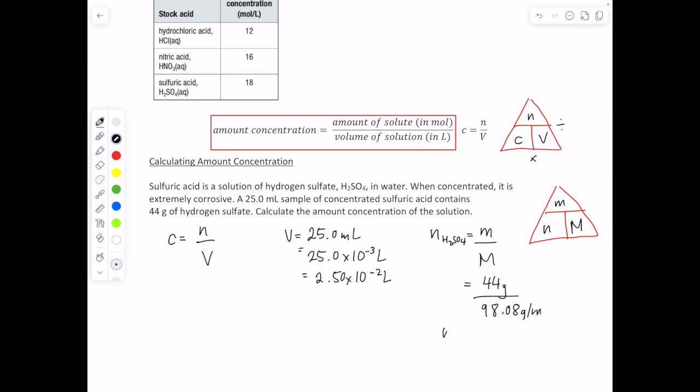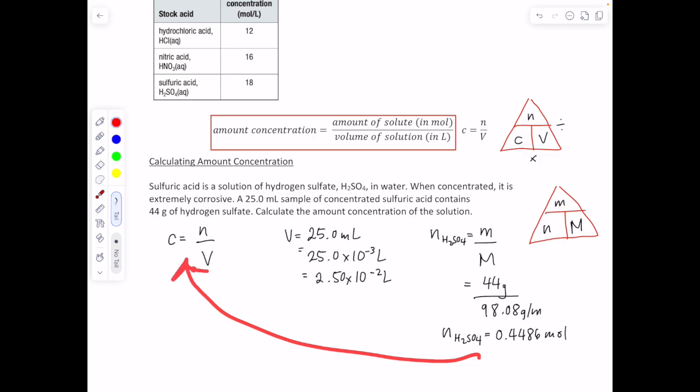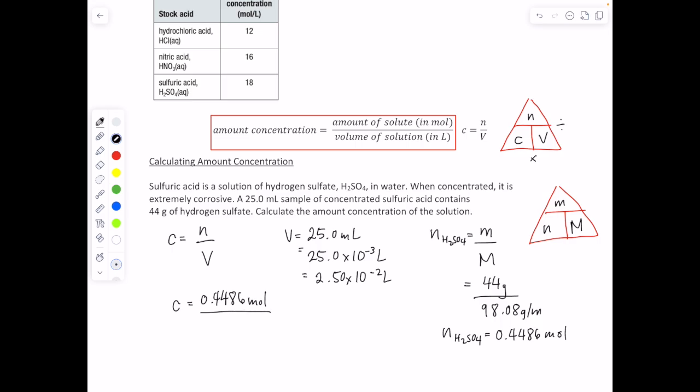That gives us an amount of 0.4486 moles of H2SO4. So let's go over here and calculate the concentration. Concentration equals number of moles divided by volume.